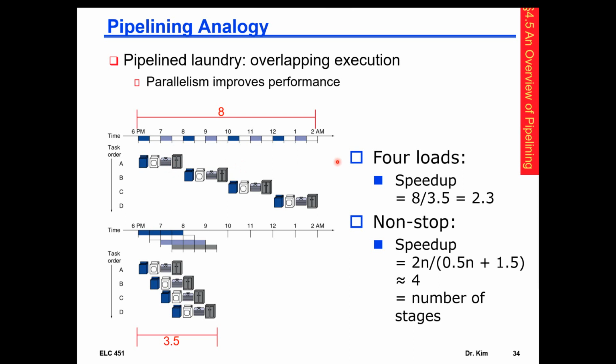Equivalent to, let's say, reading the instruction, reading the register file, computing the result from the ALU, reading the memory, and writing the register file. So those are the equivalent steps that we have in the ARM data path that we saw.